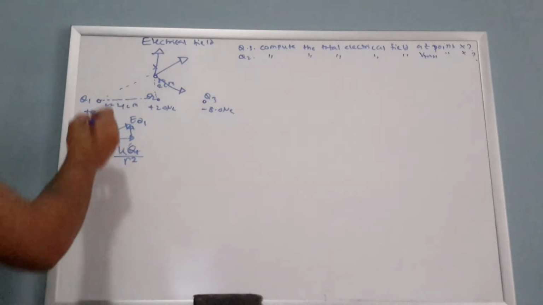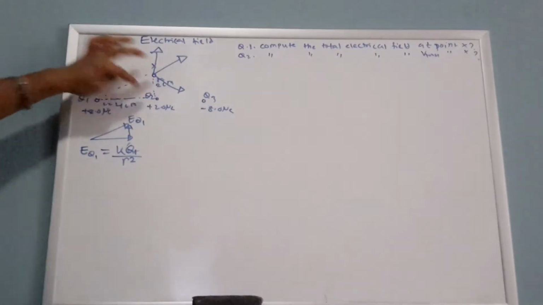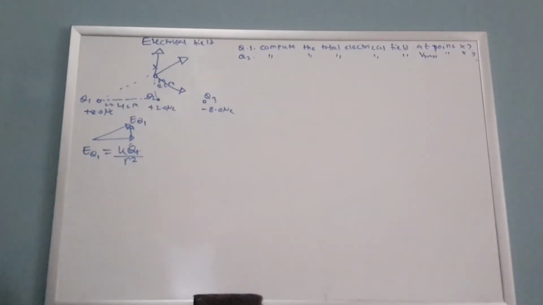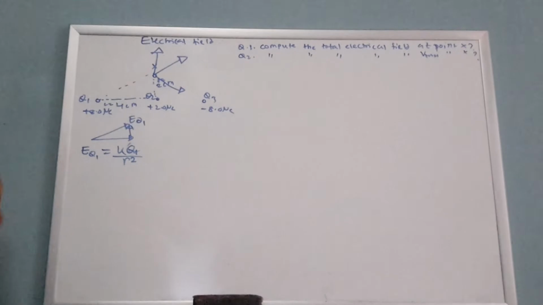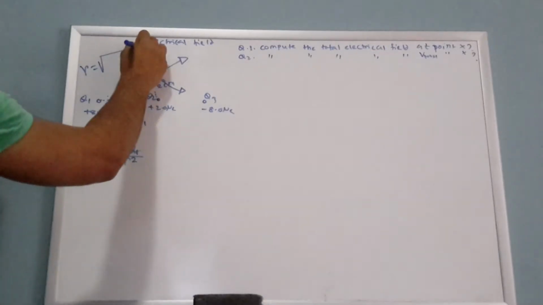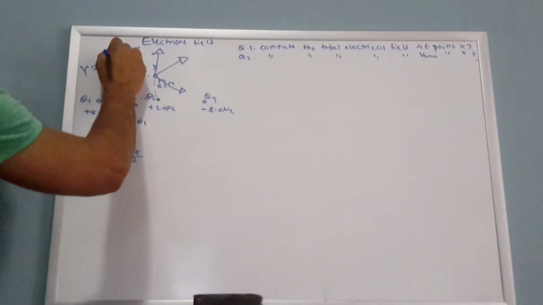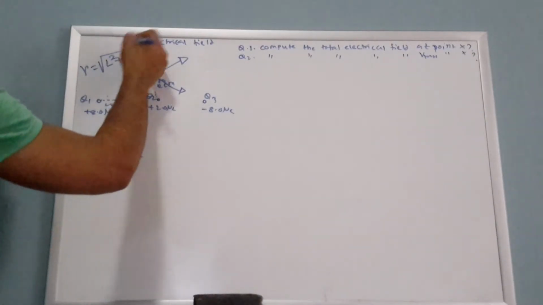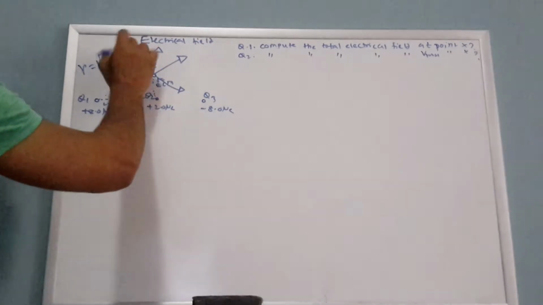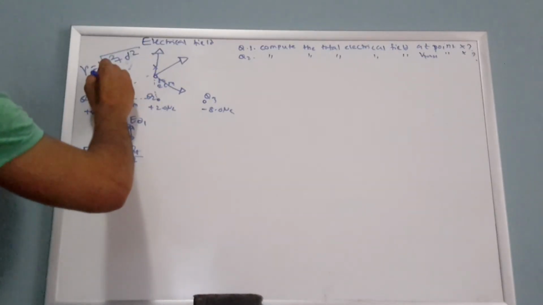And our distance we don't know, but we know from here to there is 4 centimeter, and from this point to this point is 2 centimeter. So we can use the Pythagorean theorem. What is the Pythagorean theorem? R is equal to the root of L squared plus D squared.